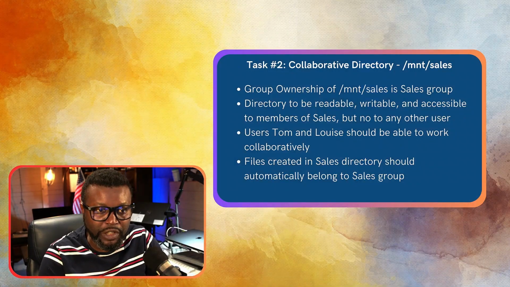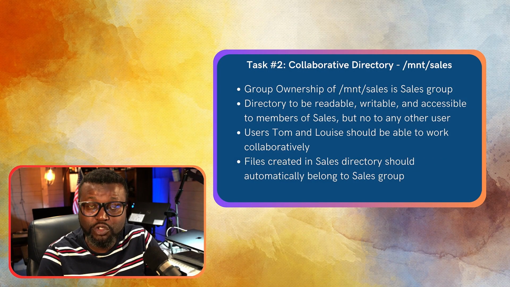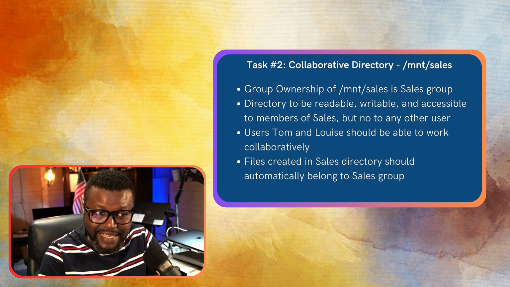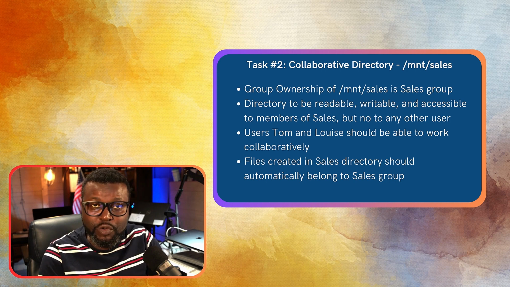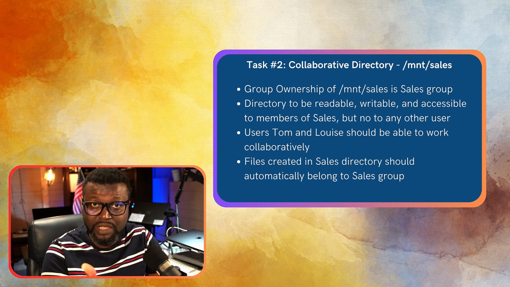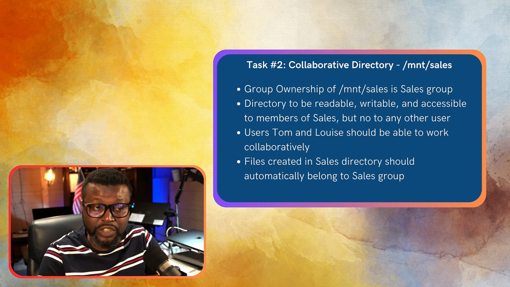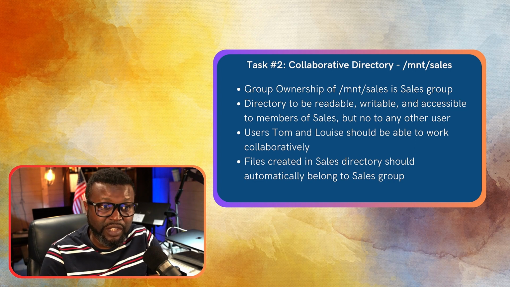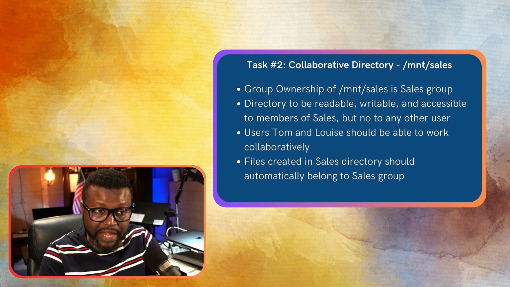has to do with a collaborative directory. How do you set up something like that, making sure that you accomplish the requirements you see on the screen here? Group ownership: how do you change and manipulate that, and how do you make that directory readable, writable, and accessible to members of the group?